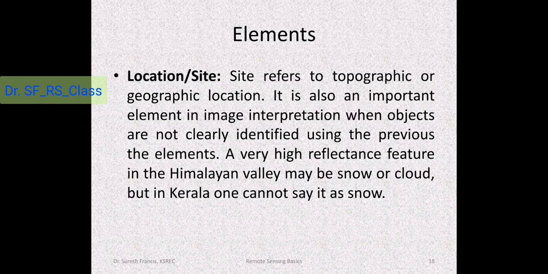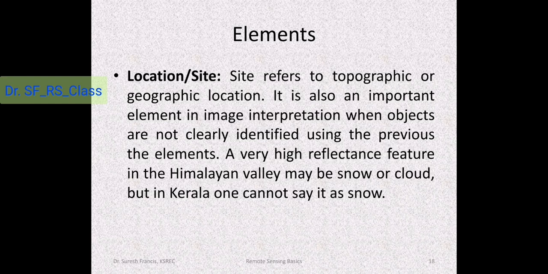And the last one is location or site. As we have told earlier, the topographic location plays an important role in identifying individual objects. As I've told earlier, this applies to the paddy field or the snow or type of plantation, or different characteristics of the hill, different characteristics of the river, these kinds of things. You will not find a wide river on top of a hill.